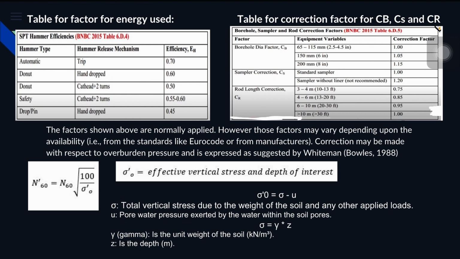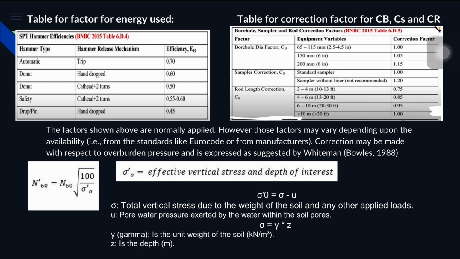Based on this table, which consists of many different factors such as borehole diameter factor CB, sampler correction CS, and also rod length correction CR. This table also consists of equipment variables and correction factor.